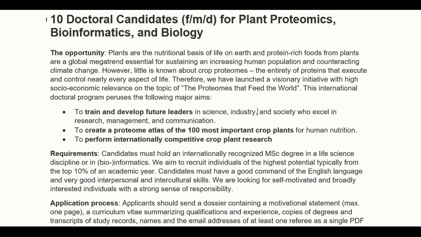And then the third document, they need copies of degrees and transcripts of study records. And fourth, they need names and email addresses of at least one referee, and you can also add a second referee as well, in a single PDF. So you should combine all these documents in one PDF, and then you should send.